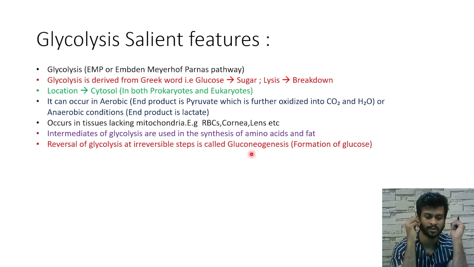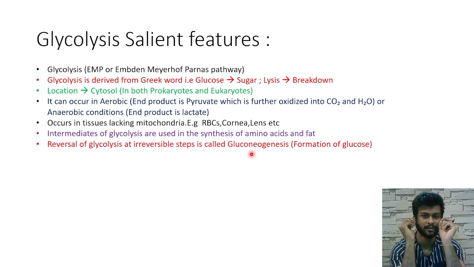Reversal of glycolysis at irreversible steps is known as gluconeogenesis. Irreversible steps mean the change in free energy is large and negative, and this is the reason why the reaction will favor the forward direction and not the backward direction, which we discussed in the previous lecture. Irreversible steps are regulatory in nature.